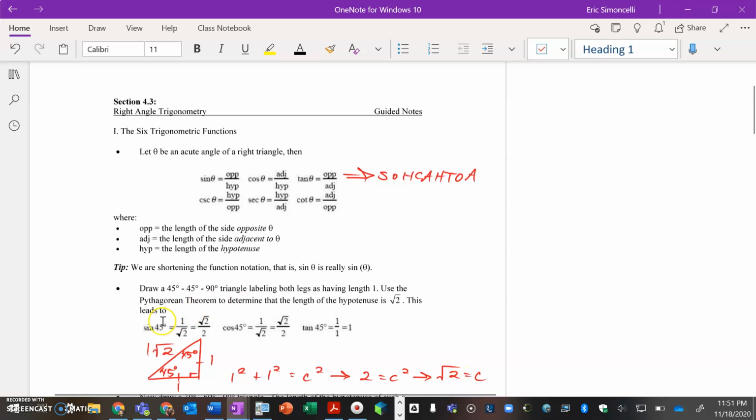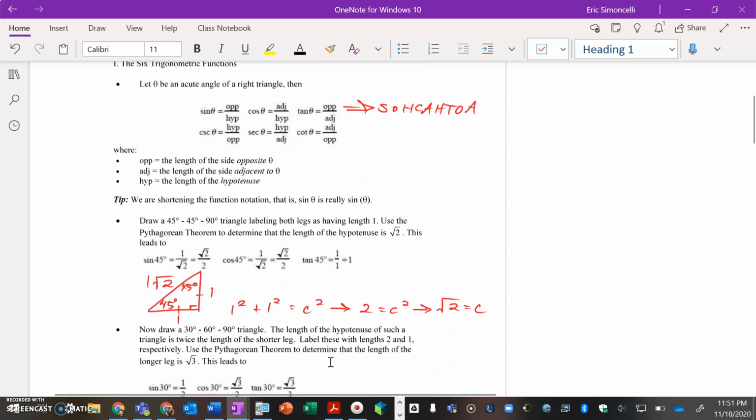So the hypotenuse can be calculated in advance using the Pythagorean theorem, and it's the square root of 2. You can also dig back to your geometry days when we did 45-45 right triangle analysis, and you did know that with legs that are the same, the hypotenuse is always the leg times the square root of 2.